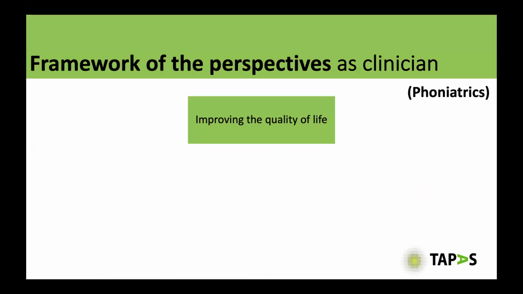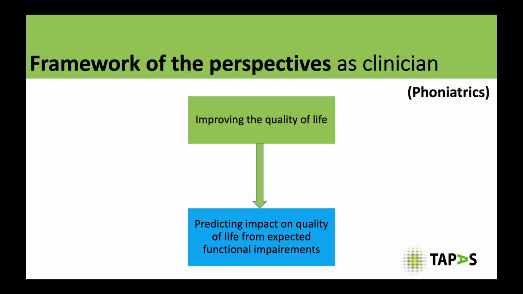The framework of perspective for me as clinician, and most important as phoniatrician, is to improve the quality of life of my patient. That's why, in my experience now, it's very important to make the link with the improvement of the quality of life and the prediction of the impact on quality of life from expected functional impairment.